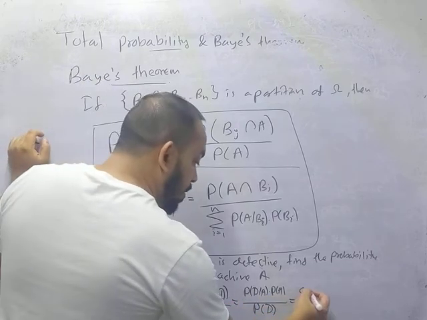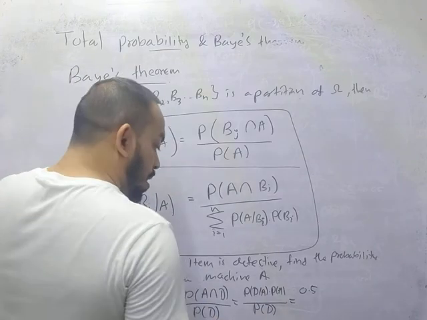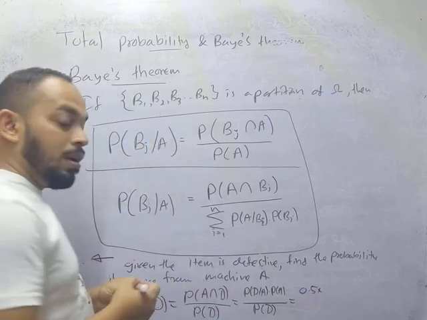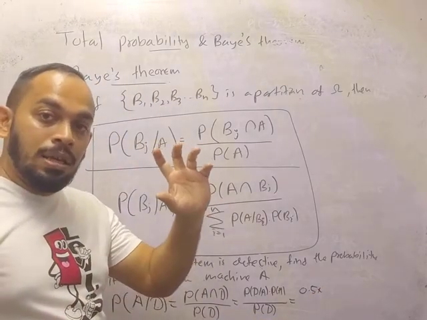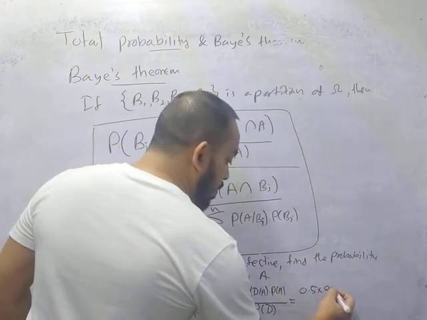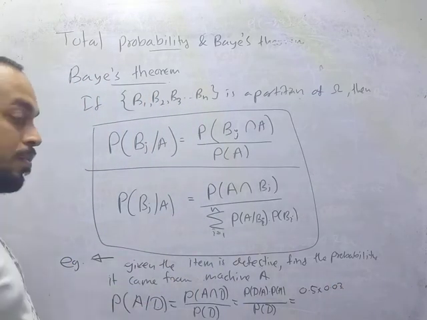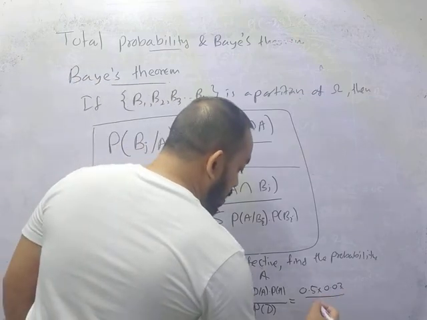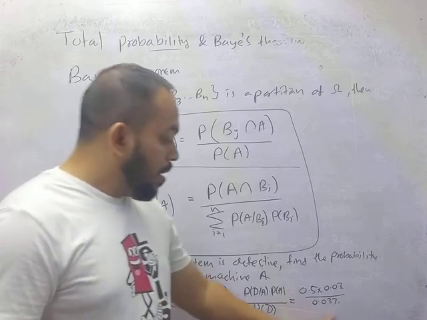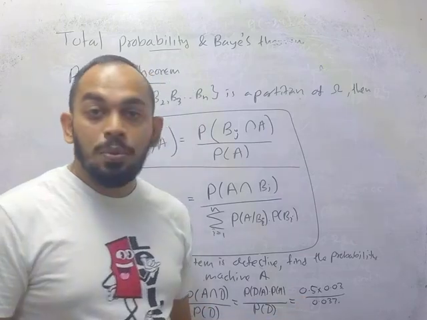PA we have 0.5 because 50% of the items are produced by machine A, into the percentage that the products from machine A are defective, which was 0.03. Right. It's 3%, so 0.03 in probability terms, divided by 0.037.